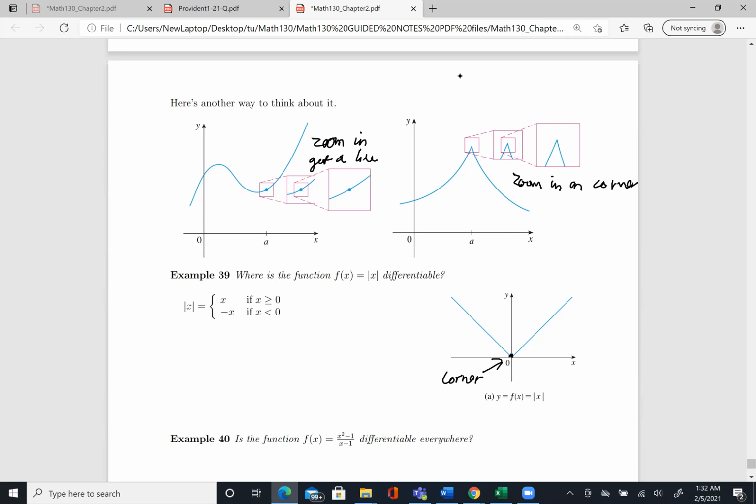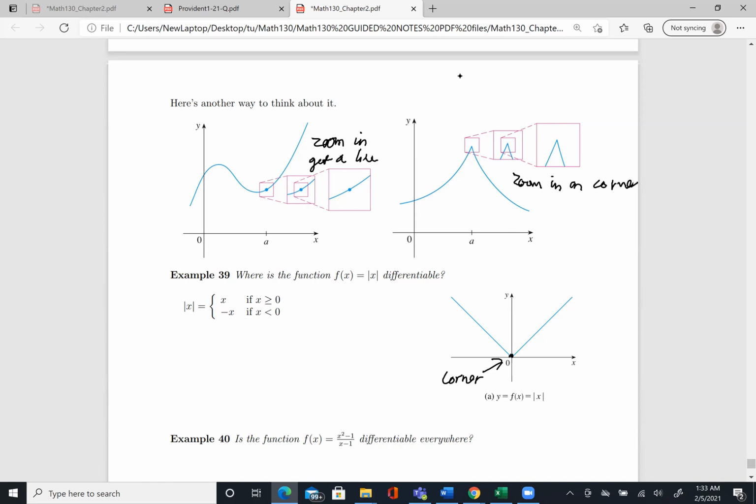So at this point x equals 0, the function is not differentiable.